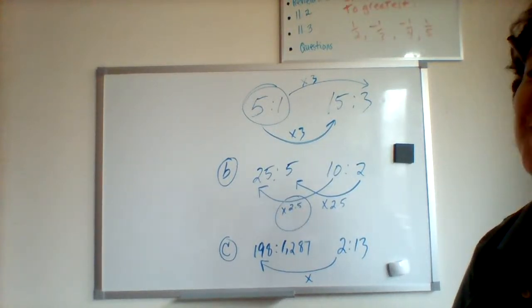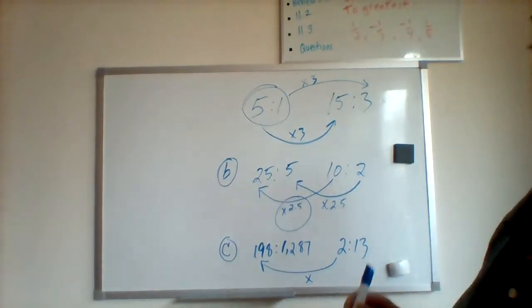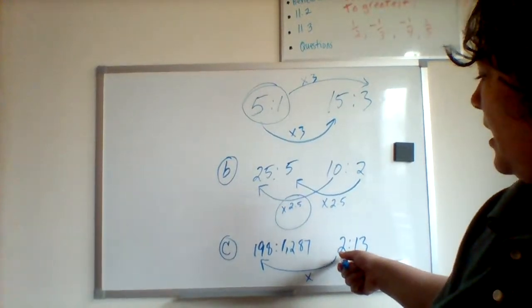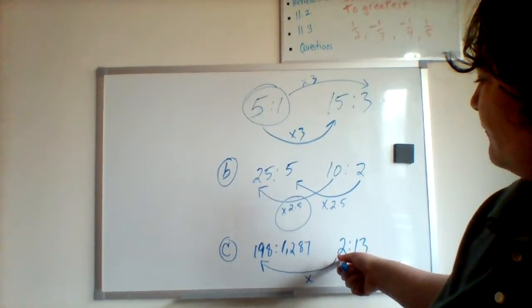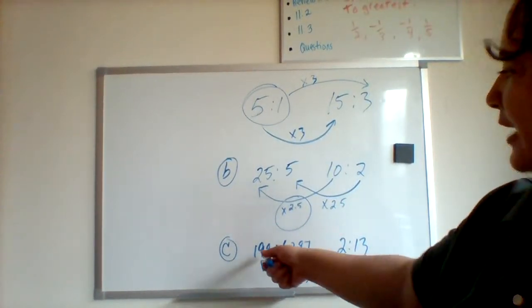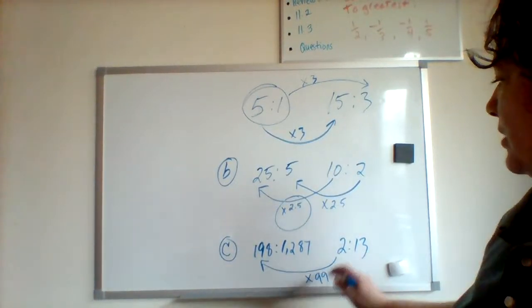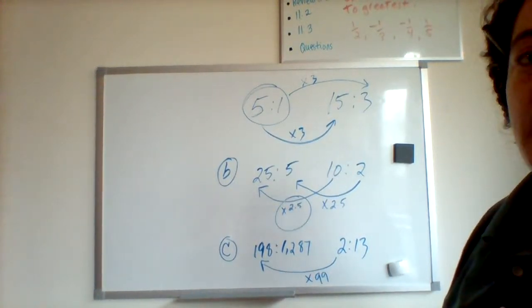Whoa there? Whoa, what's the matter? Crazy numbers, right? It's not as crazy as you might think, because you know that 2 times 100 is 200, and you're only missing 2. So just multiply by 99. 2 times 99 will give you 198.